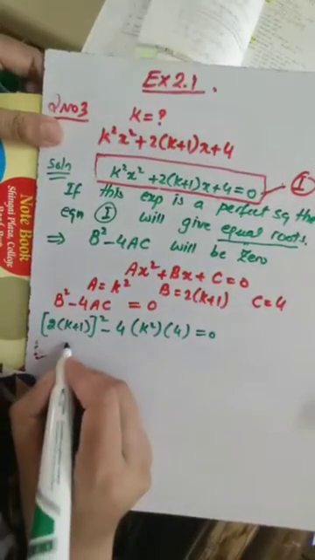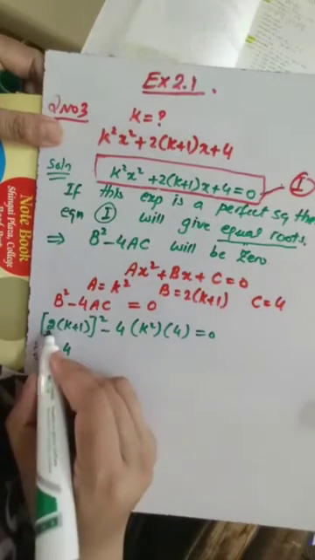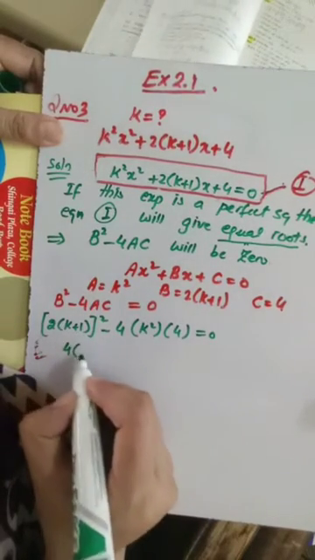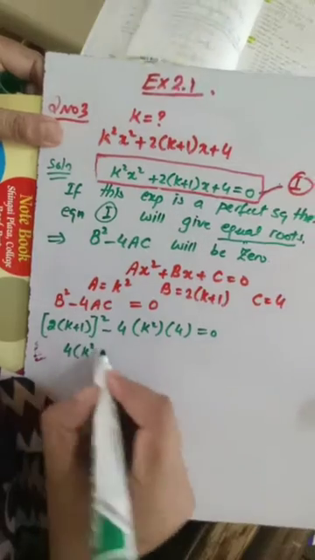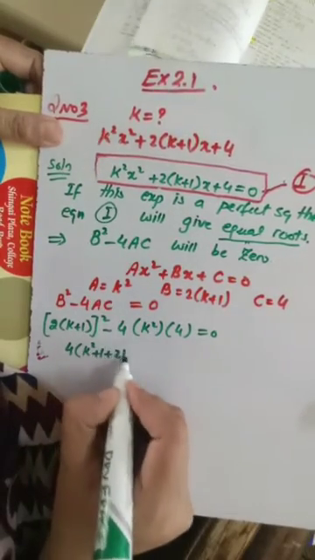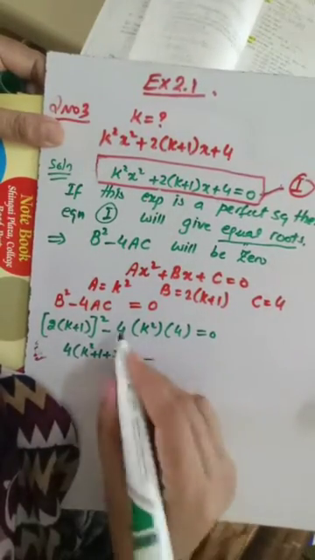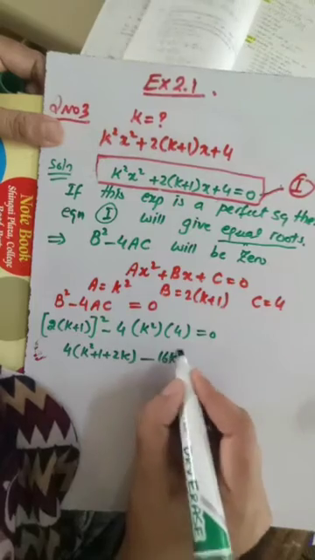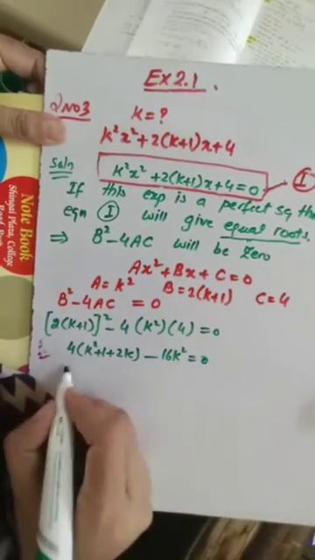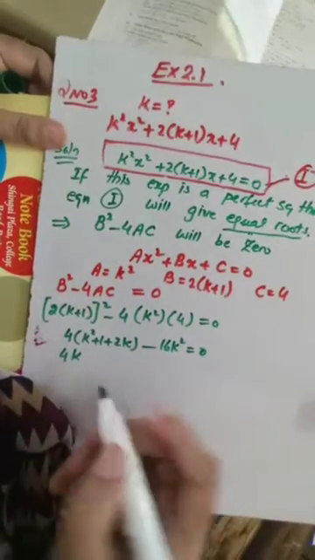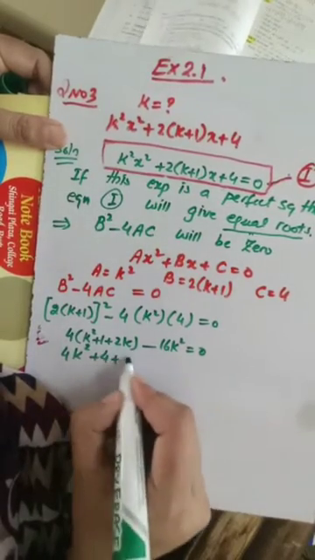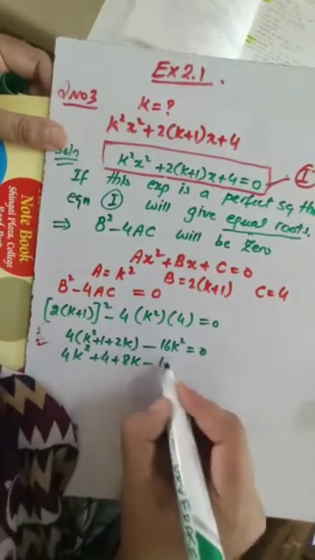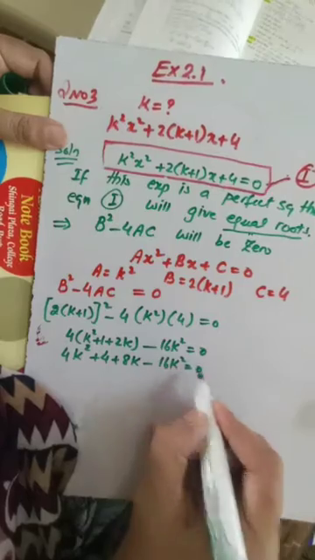So if I square this, 2 square is 4 and k plus 1 whole square, by using the formula a plus b whole square, is k square plus 1 plus 2k, minus 4 4s are 16 k square is equal to 0. From here, 4k square plus 4 plus 8k minus 16k square is equal to 0.